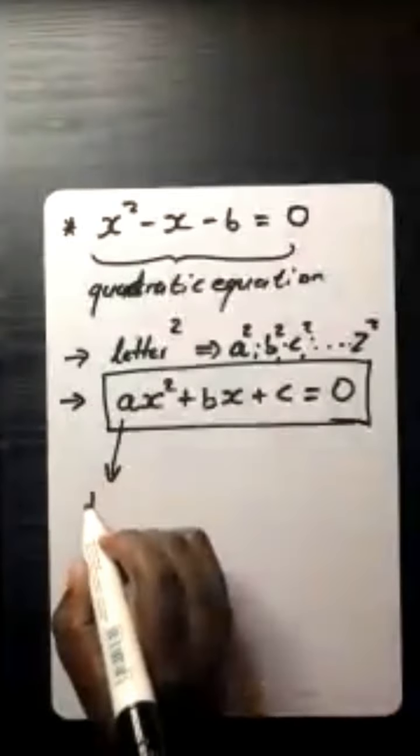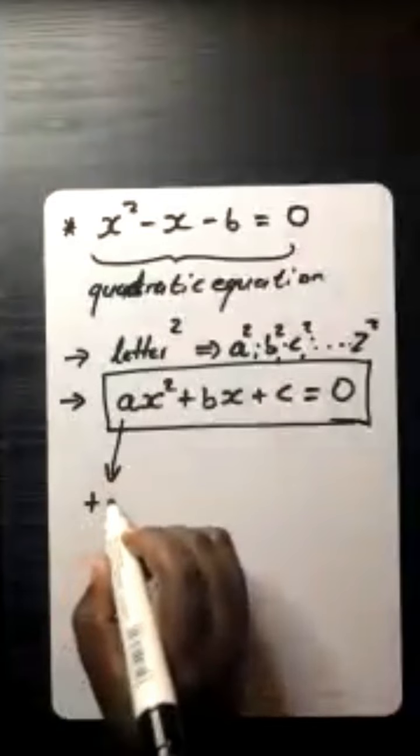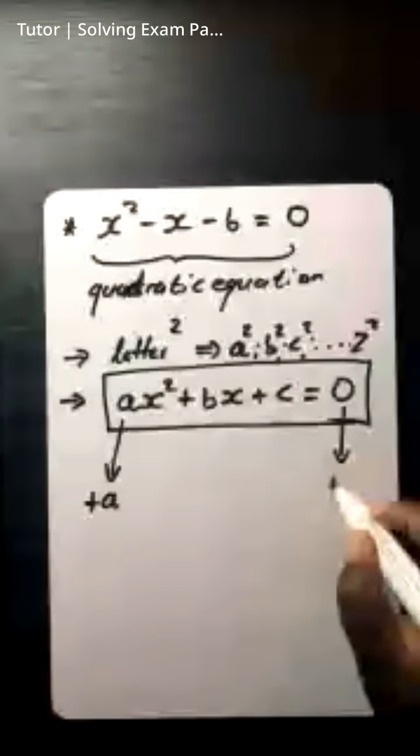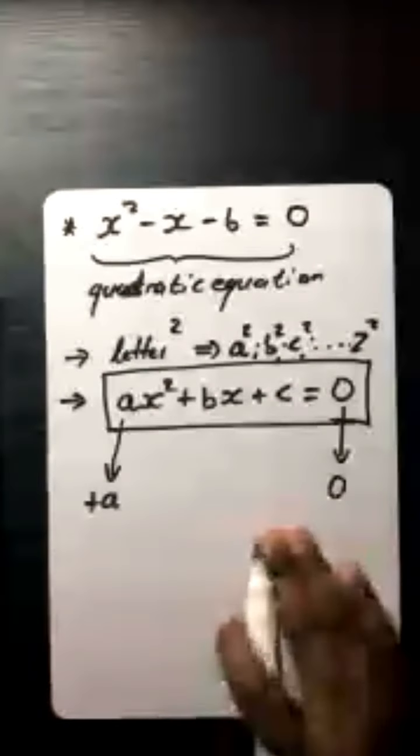I need you to notice something, Shreyas. You need to have a positive a when you write your quadratic equation in standard form. It has to be equated to 0.